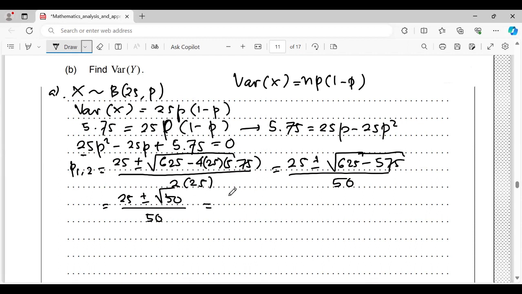Factorize: square root of 50 equals square root of 25 times 2.